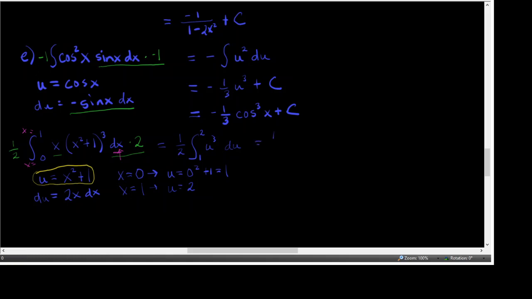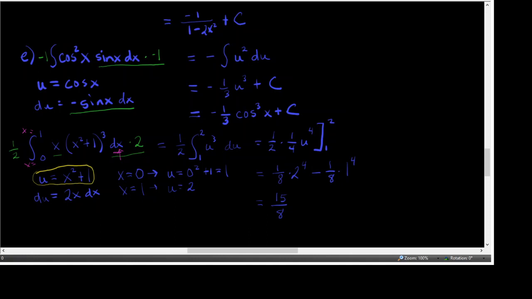Okay, so the antiderivative of u cubed is 1/4 u to the 4th. And we're evaluating that from 1 to 2. And so that's 1/8, then we're going to substitute in the 2 first, minus 1/8 times u to the 4th, substituting in 1 now, and then doing that arithmetic, 16/8 minus 1/8 is 15/8, and that's our answer.